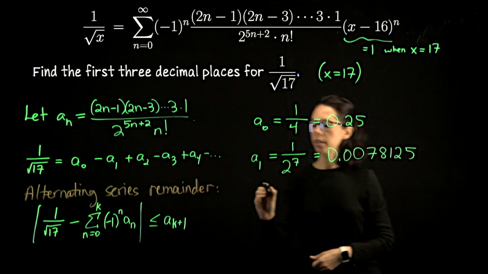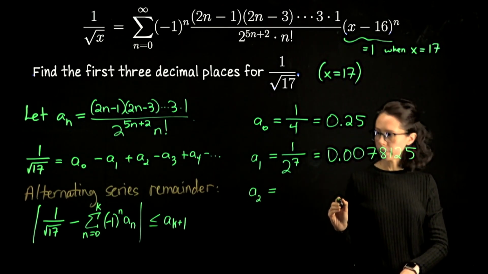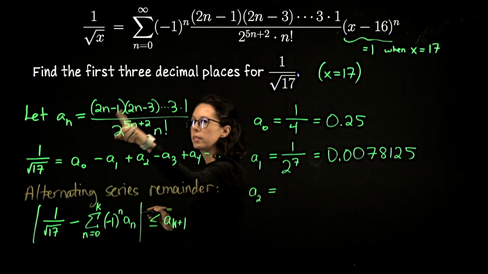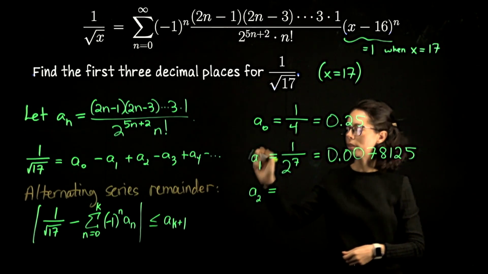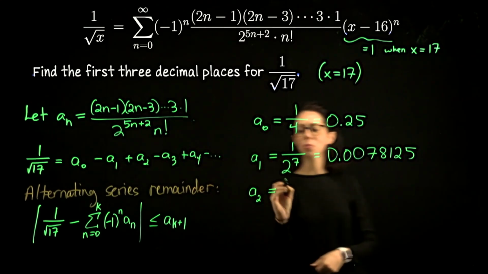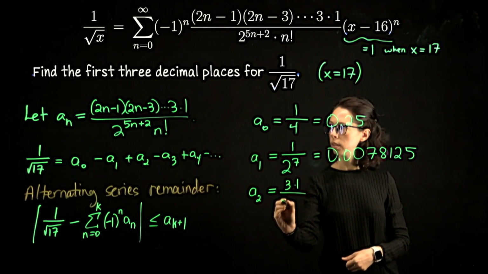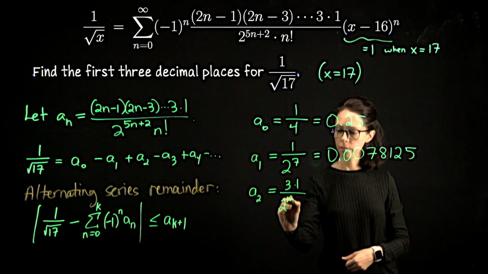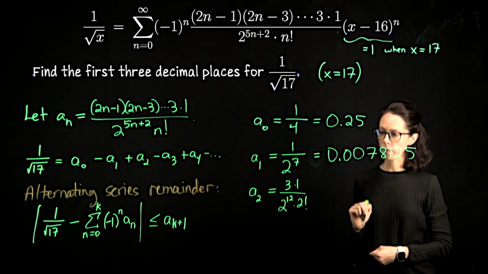So what about the next term, a sub 2? That is going to be 3 times 1. I just blanked out for a second, but this is 3. Okay, 3 times 1 divided by 2 to the 12th times 2 factorial. So that's 3 over 2 to the 13.